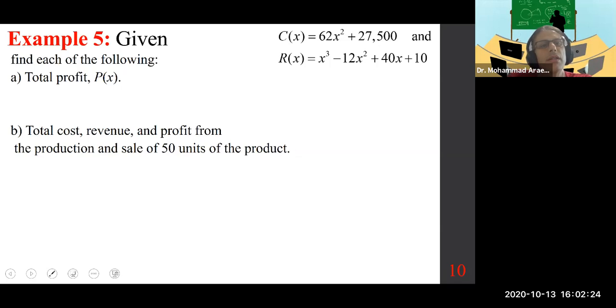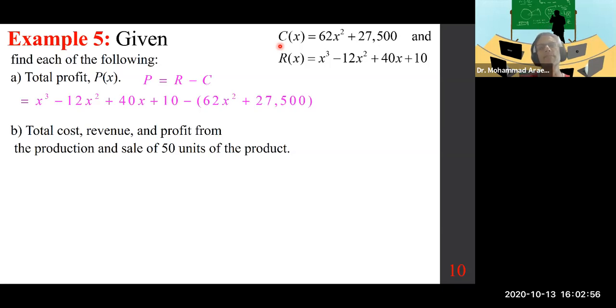Let's make some sense out of this by looking at a very simple example. We want to find each of the following, where the cost function and revenue function are given. How do we find the profit function? R minus C. I hope this is pretty straightforward to everybody. Revenue minus cost is the profit function, a very simple algebraic step.